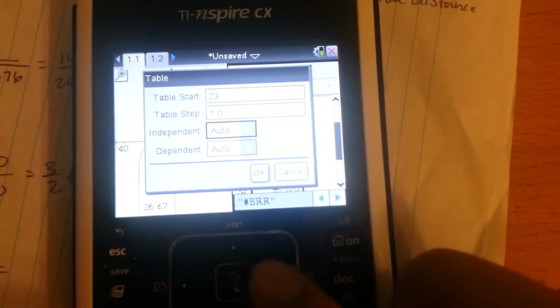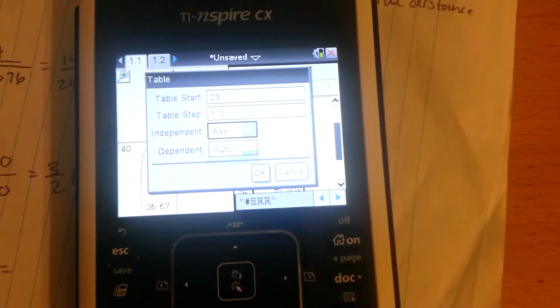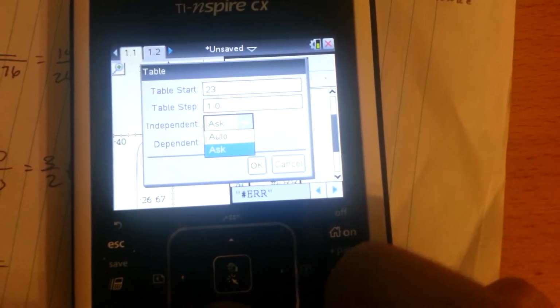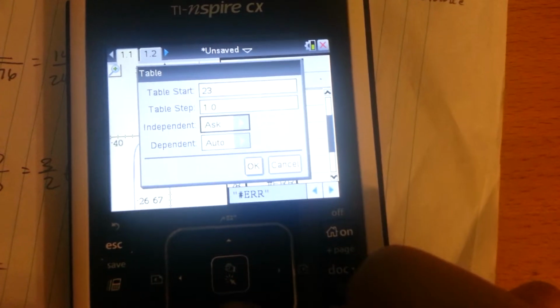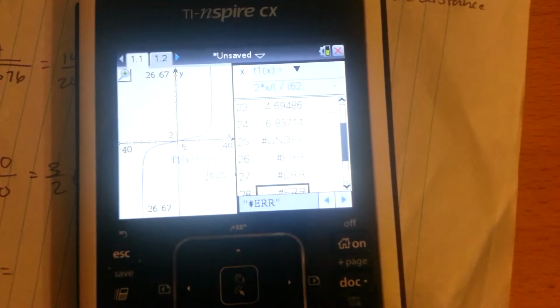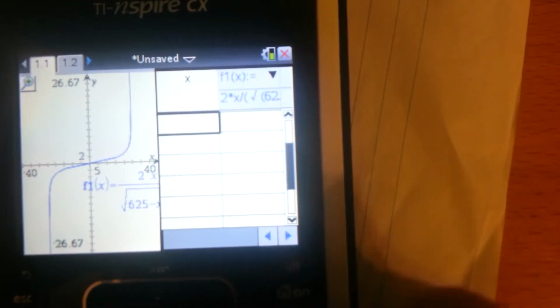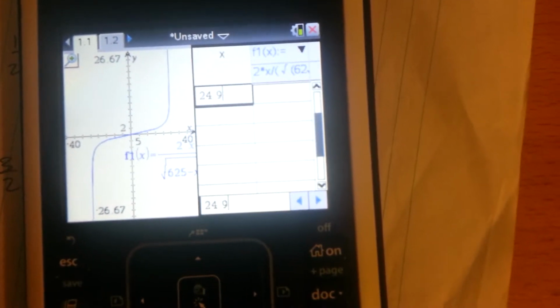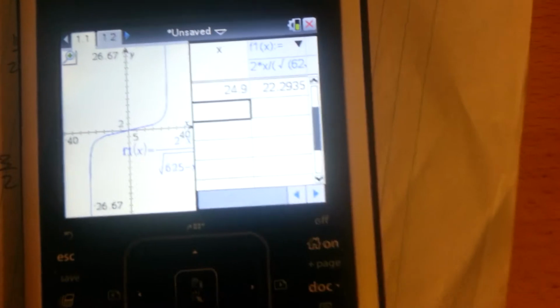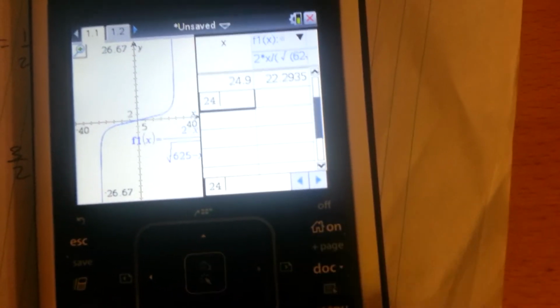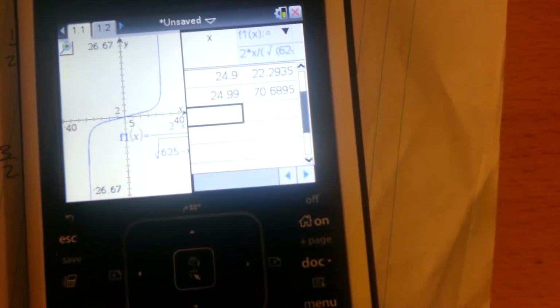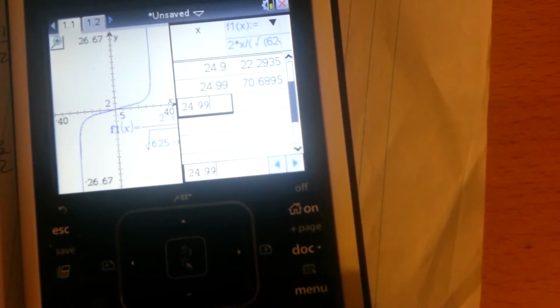Go to Independent. Go to Ask. Then press OK. Then it gives you a blank chart with an x and the f of x value. And if you just write down the x value that you want, it will give you the f of x value that correlates with that particular x value.